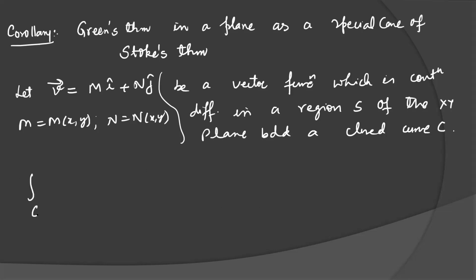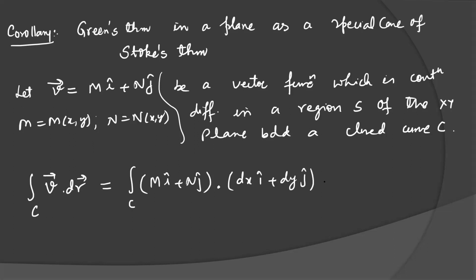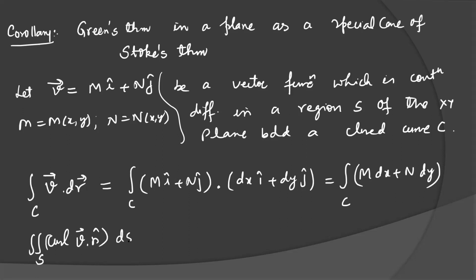Then what will be the line integral along curve C? V dot dr equal to, what is V actually? M i plus n j dr vector dot dx i plus dy j. It is equal to m dx plus n dy. M dx plus n dy. Looks like Green's theorem. Now, if you use the Stokes theorem here, that will be equal to curl V into n cap ds vector.